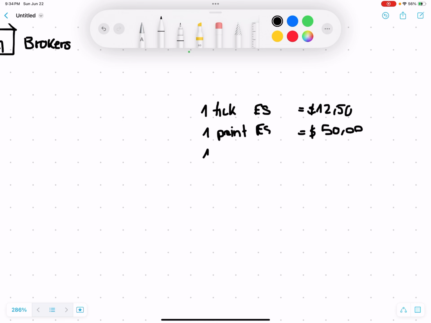Now, I want you to memorize that one tick on MES is equal to $1.50. And that one point on MES is going to be what? I can't even write. It's crazy. One point on MES is going to be $5.